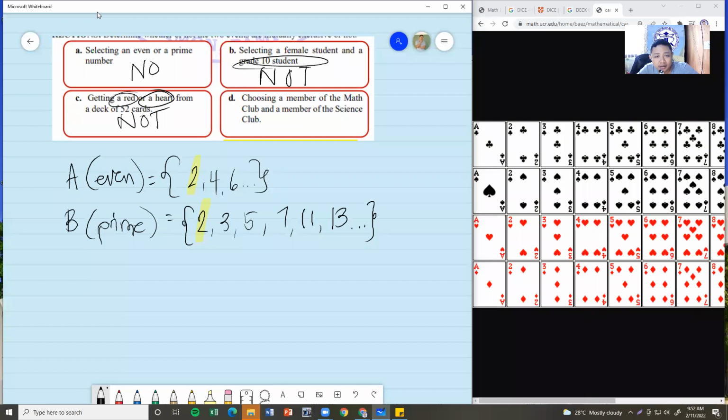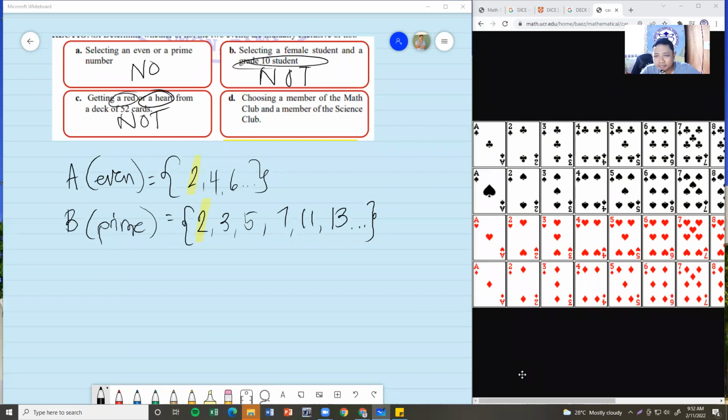Okay. In here, so clubs natin. Imagine your clubs in Assumpta, and each student is only assigned to one club. So choosing a member of the math club and a member of the science club, are they mutually exclusive or not? Raise your hand if they are mutually exclusive.